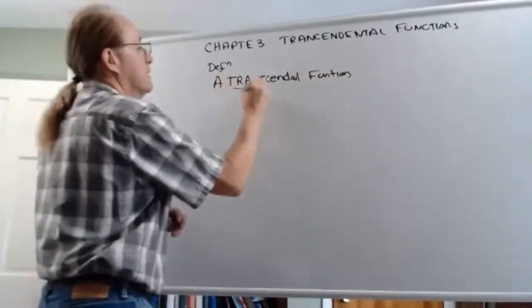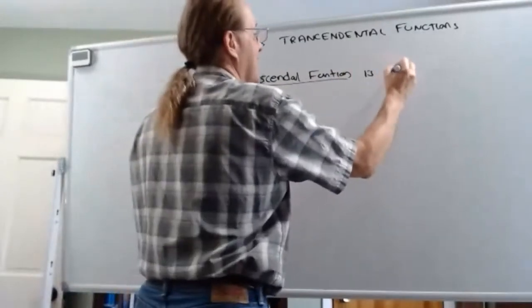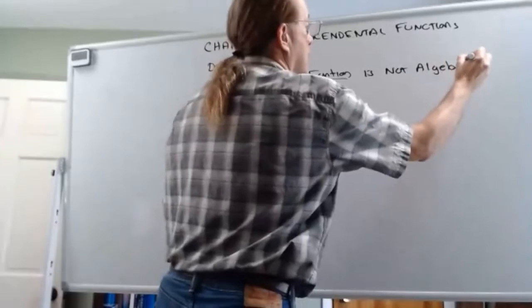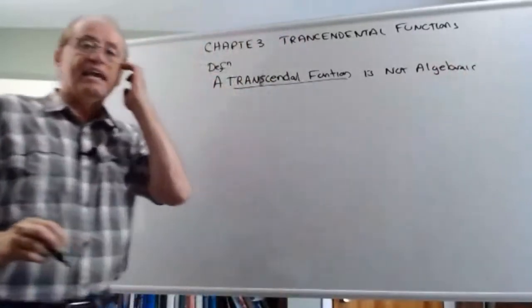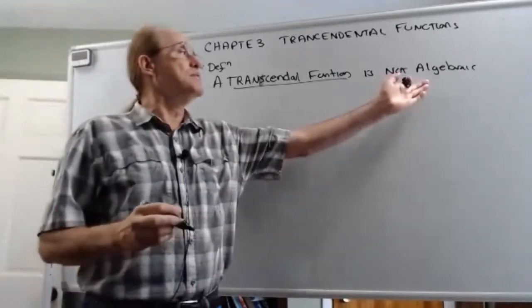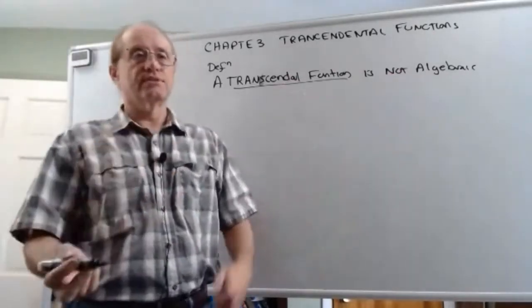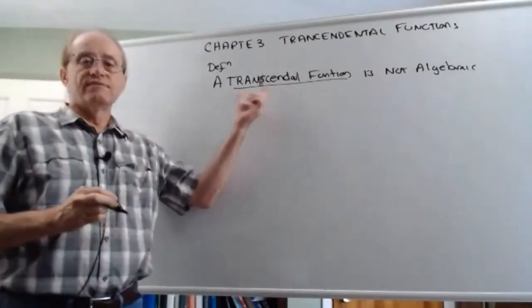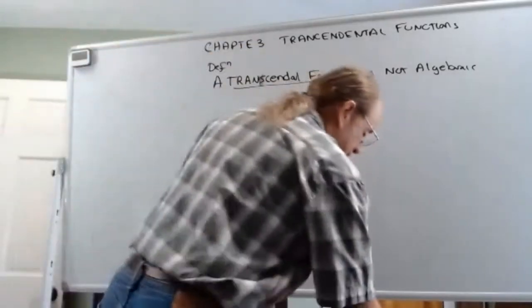So a transcendental function is not algebraic. Meaning I can't create it with a finite number of multiplications or additions or something like that. Transcendental functions actually involve this concept of the infinite.